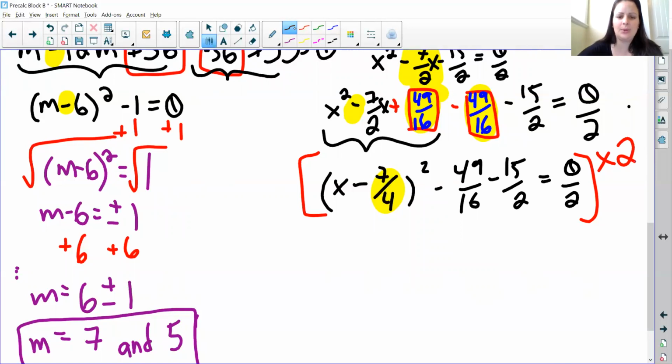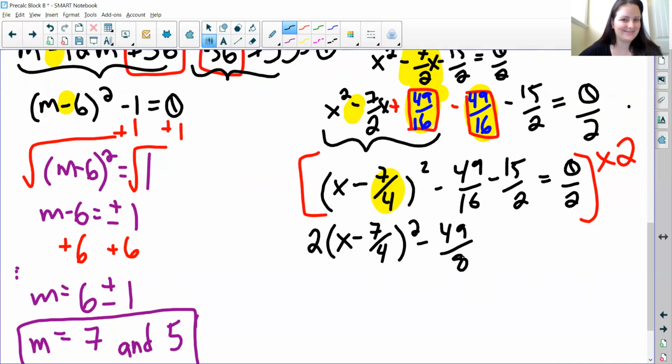So this is going to leave me with 2 times x minus 7 over 4 squared minus 49 over 8. I'm going to explain why in a second. Minus 15, because 15 over 2 times 2, again, cancels out the numerator and denominator, and it equals 0.